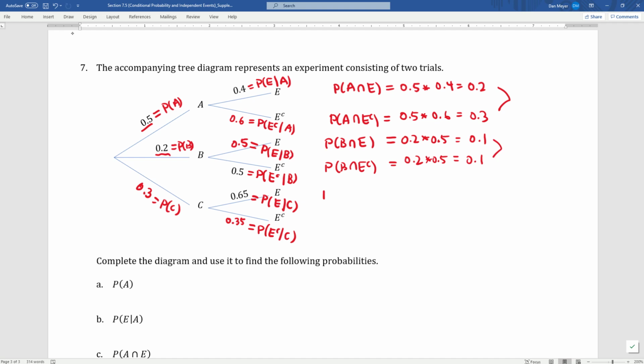And then finally, the probability of C and E will be 0.3 times 0.65. I need my calculator for that one. 0.3 times 0.65 gives 0.195.